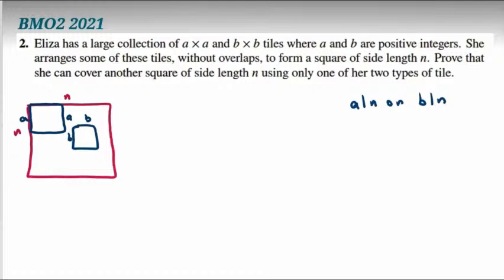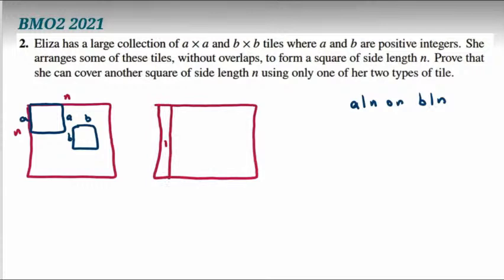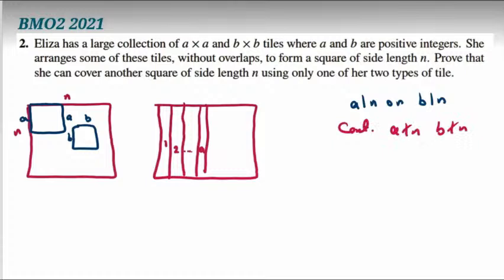Now for this problem I use column coloring, the third idea. With how many colors? Let's solve with a colors, 1 to a. And now let's use contradiction. So the contradiction assumption is a doesn't divide n and b doesn't divide n.